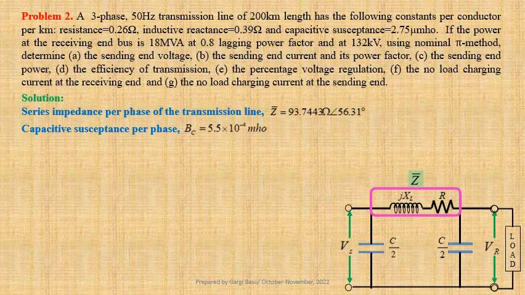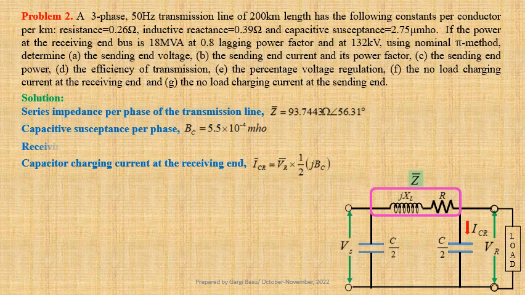Let us now determine capacitor charging current at the receiving end. ICR equals VR into half of j times BC. Taking receiving end voltage per phase as reference, we can write VR equals 76,210 volts at an angle 0 degree.